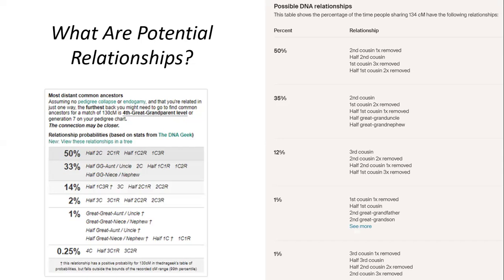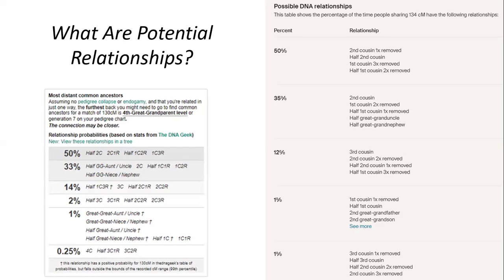And when you compare them to DNA Painter, for example, you will see that things may be a little bit different. They may put them in a little bit different percentages. But generally speaking, the easier way to do it is to start with what you can at the top, and we can narrow that down a bit, and then work your way down. It can be down to 1%.